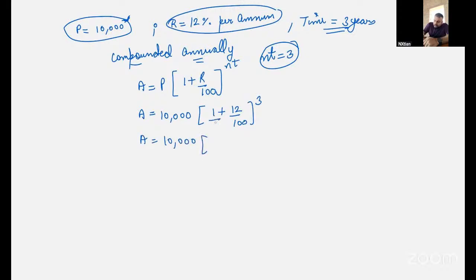I have to make the denominator the same. So what will I multiply? I will multiply with 100 up and 100 down. So it's going to look like 100 upon 100 plus 12 upon 100, and the power is 3. So the amount will be 10,000 times 112 upon 100 to the power 3.